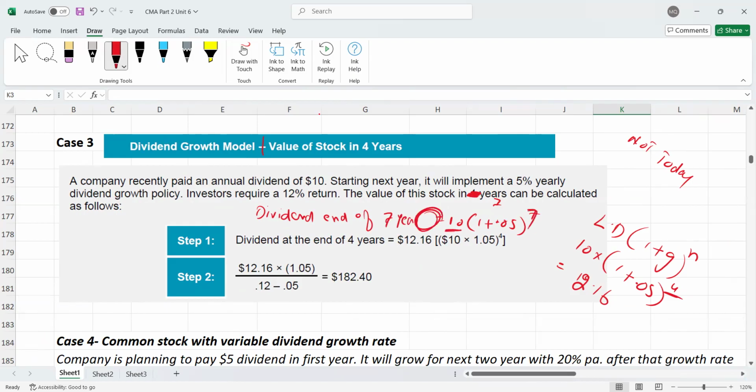Let's see the value first on my calculator, and you can check your calculation. The amount of dividend will be 14.07.